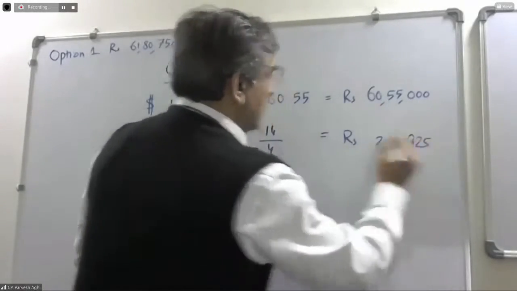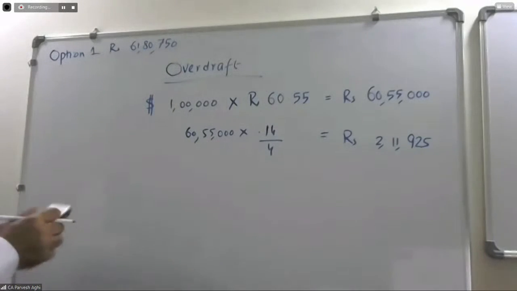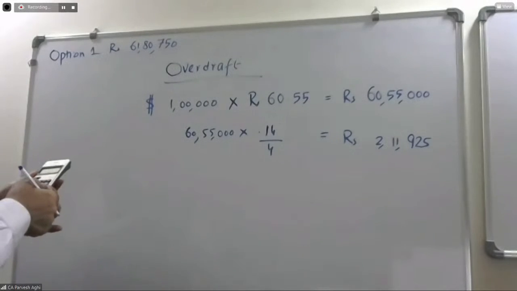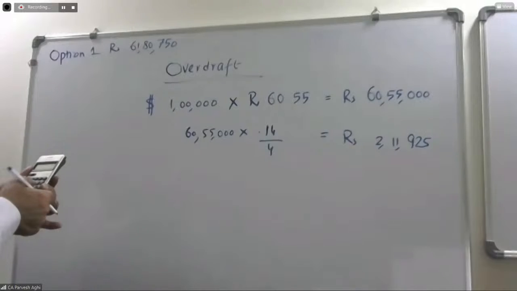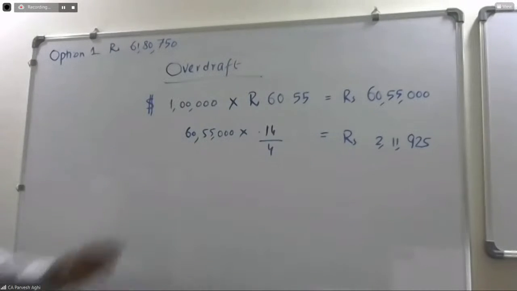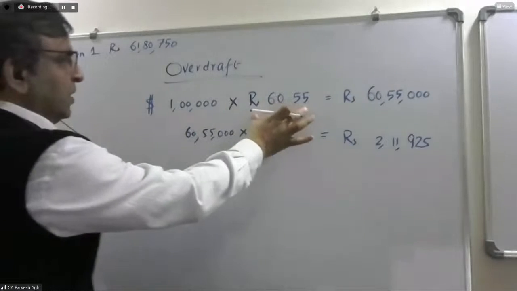Let me do a calculation to check that: 60,55,000 into 0.14 divided by 4. So this is 2,11,925.